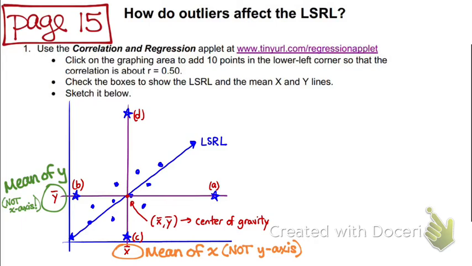Right where these two are crossing, x bar, y bar, that's the mean of the x's, and then the mean of the y's. Average x, average y. Where these two lines cross each other is the center of gravity. That's the balance point for this.